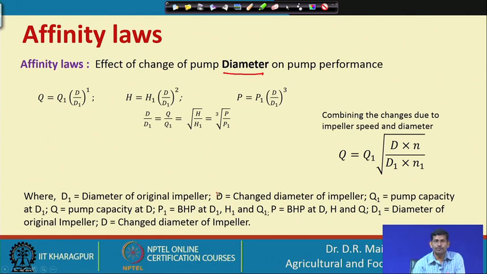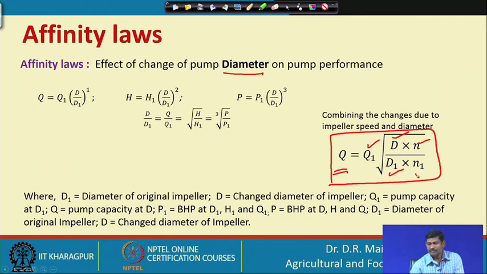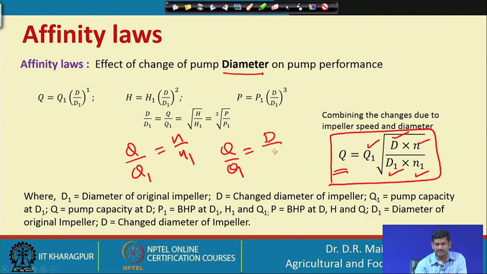What if both diameter and speed change? This is the equation when you have a change in diameter as well as a change in speed. The capacity can be estimated by knowing Q1, D1, N1. How do we get these equations? This is very simple. You take two equations, Q by Q1 is equal to N by N1, and Q by Q1 is equal to D by D1, and multiply these two.